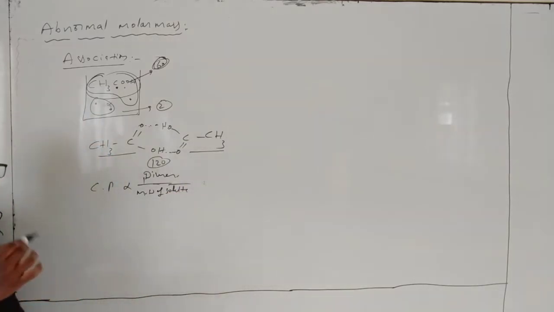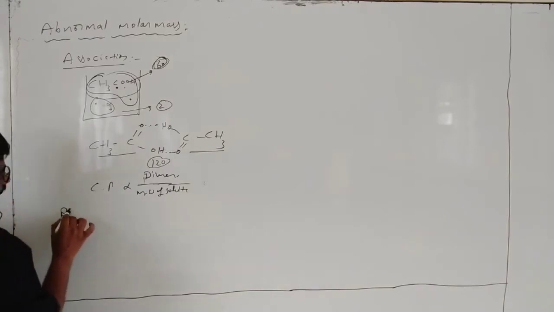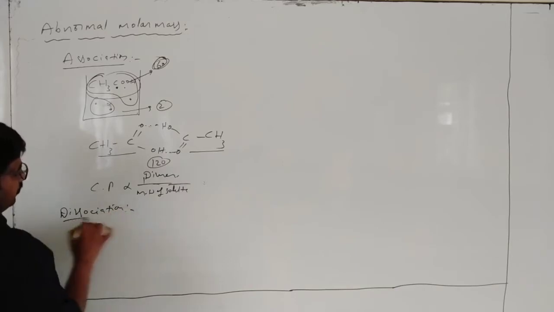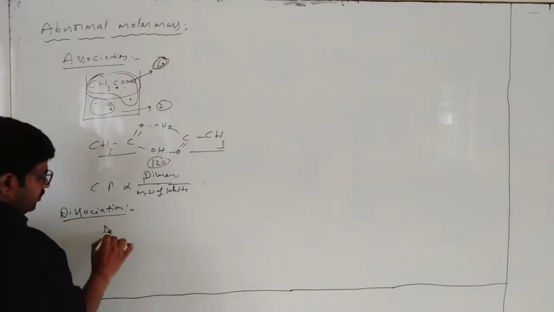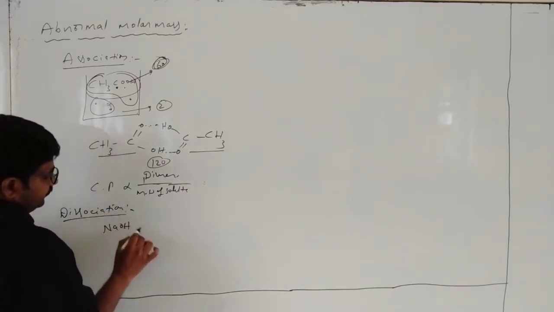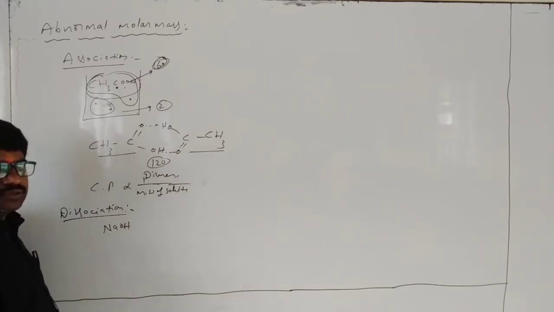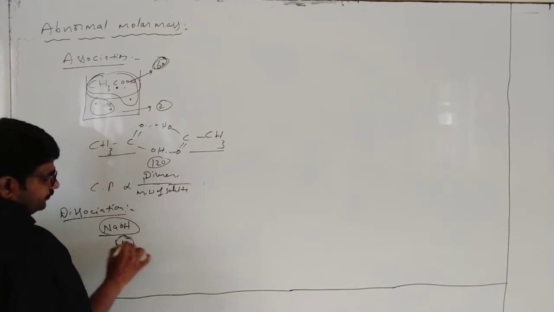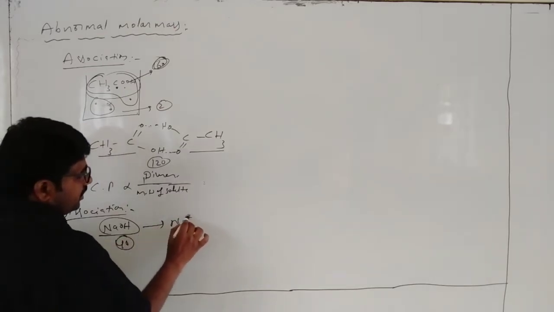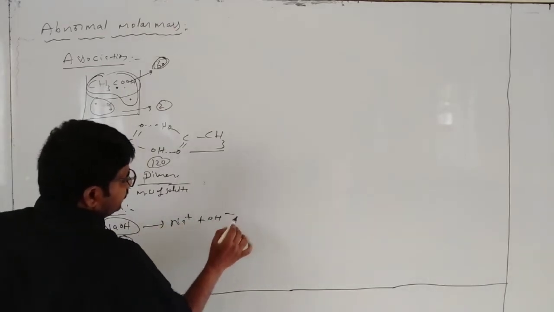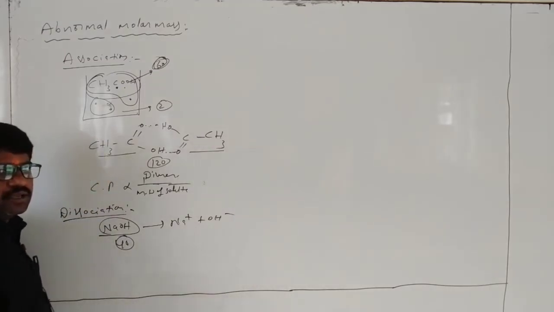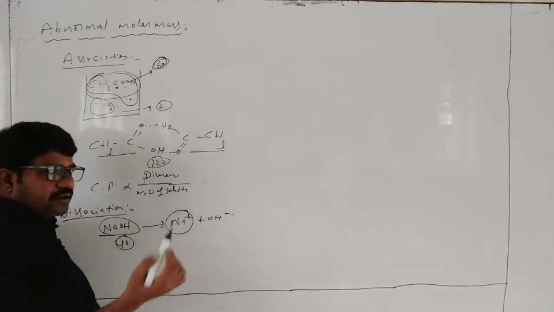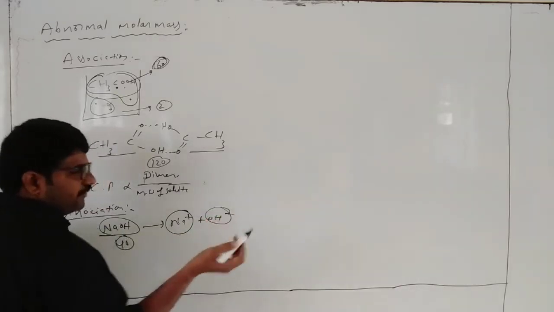If the molecules undergo dissociation, for example, take NaOH. Its molecular weight is 40. When it dissociates, it gives Na plus and OH minus. The molecular weight of Na plus is different and OH minus is different.